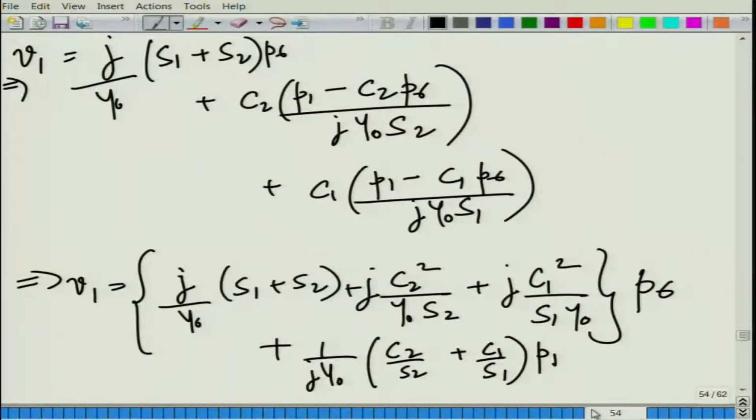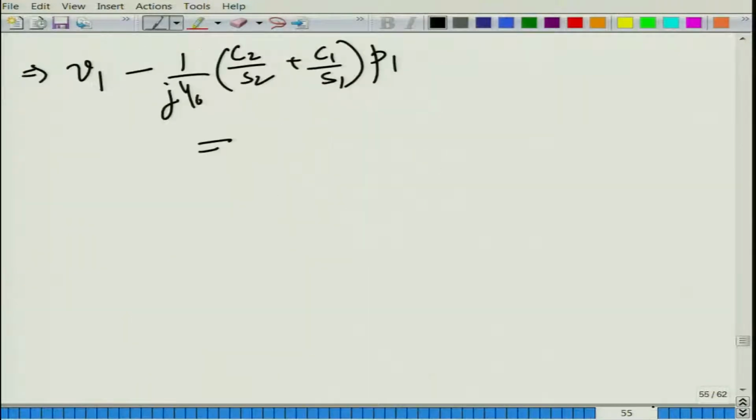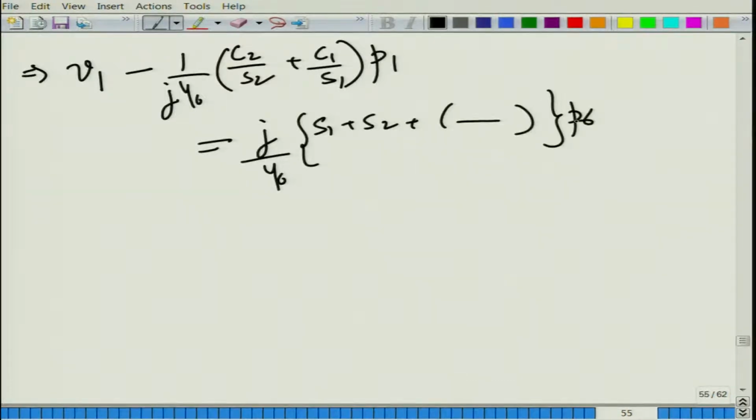I am not going to bother writing this thing again, but perhaps just mention here that j Y naught can be taken common, and S1 plus S2 and the other terms, and this is multiplied by P6. Okay. We have this kind of expression.